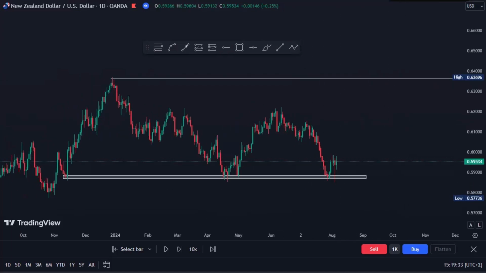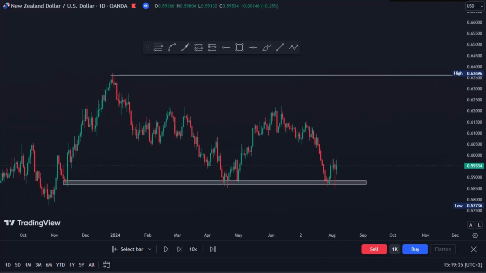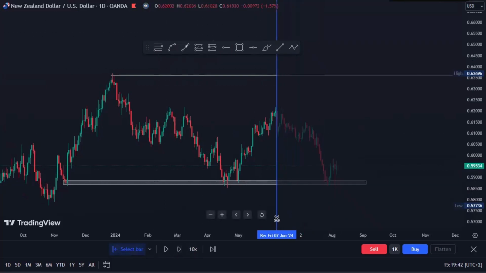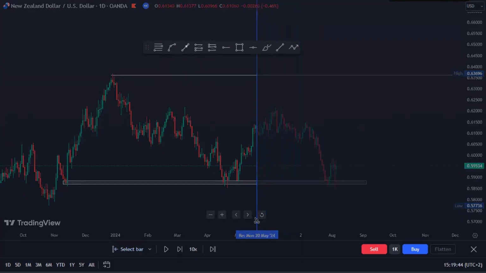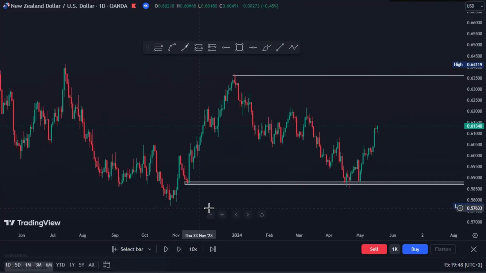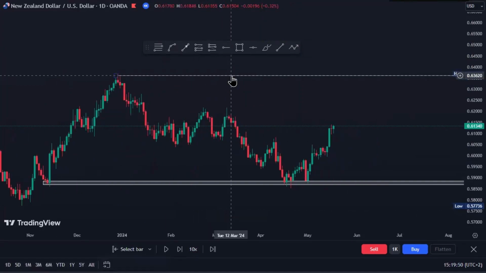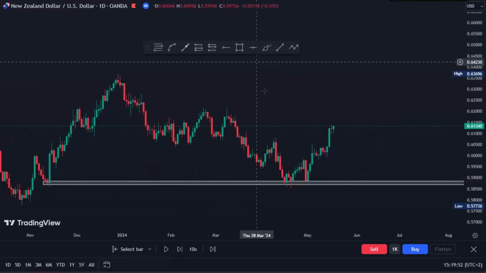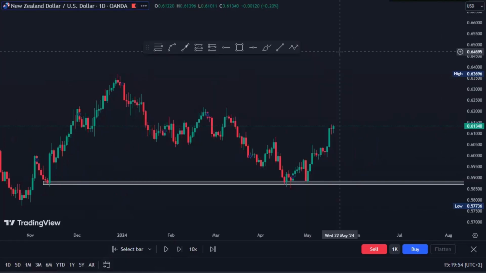So let's go to strong resistance. I want us to take it back again here. Let's remove this. We're only identifying strong resistance.